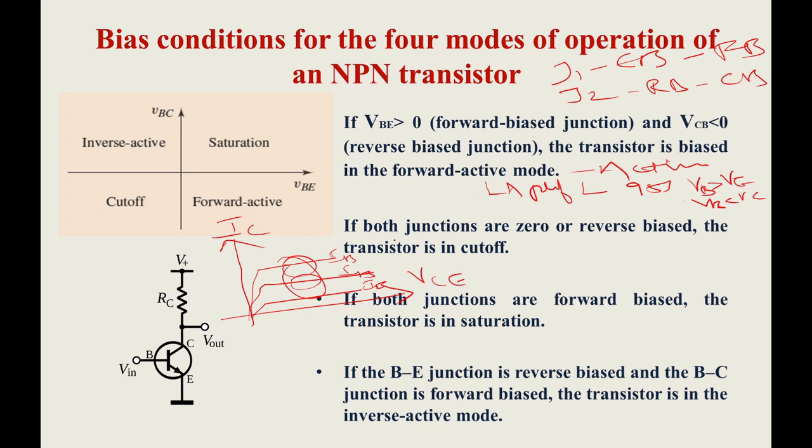Don't forget. Now when you go to the cutoff region, this point is the cutoff region. In the cutoff region, both junctions will be reverse biased. Even if, in terms of polarity, the junction is connected in forward bias, for example the base is connected to the positive and the emitter to the negative, in polarity terms it is forward bias, but it didn't get enough voltage to drive this diode.